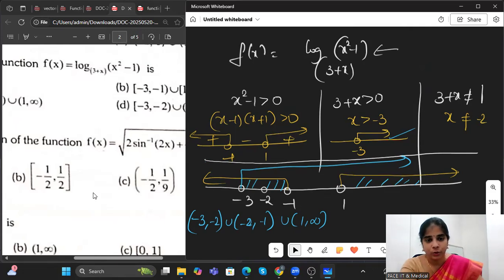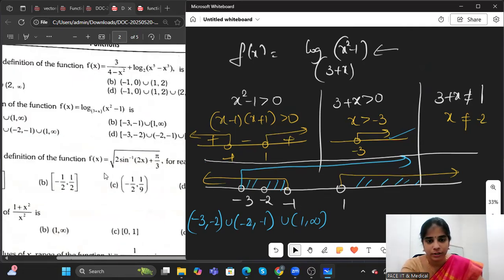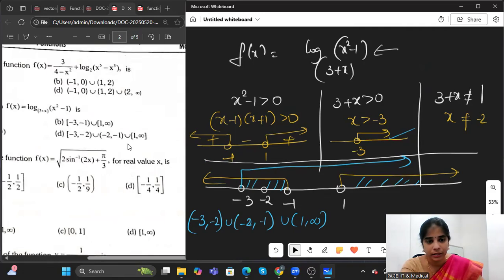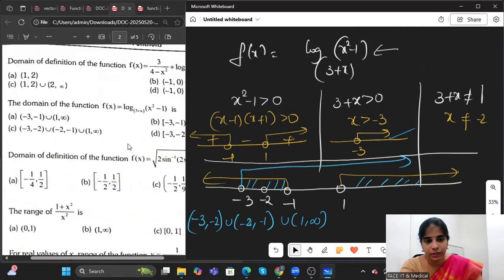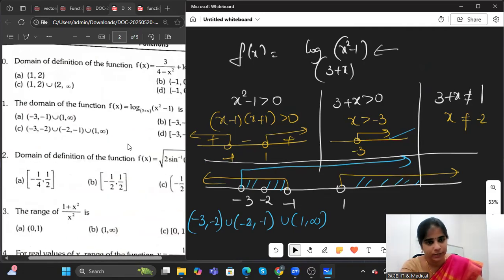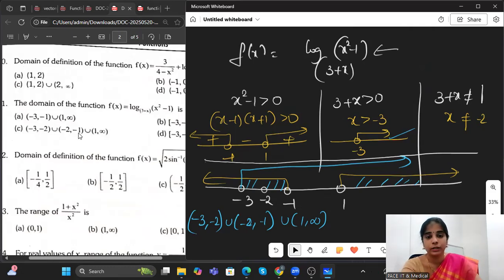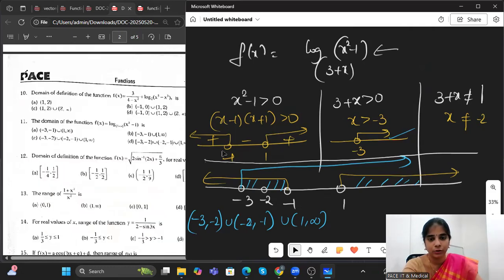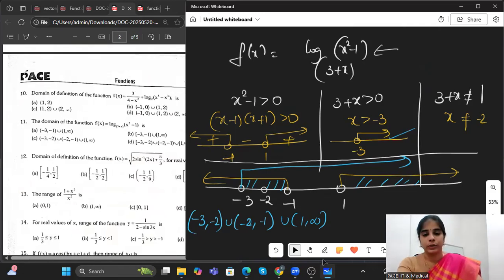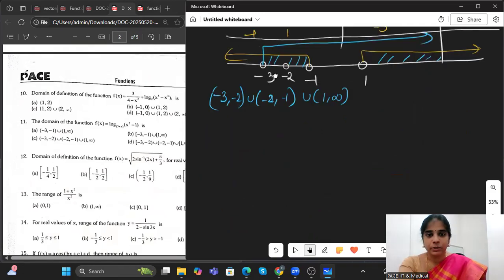So that is how I get my solution. So option C there, right? Minus 3 to minus 2, minus 2 to minus 1, union 1 to infinity. This will be your solution range for question number 11. Now going with question number 12.